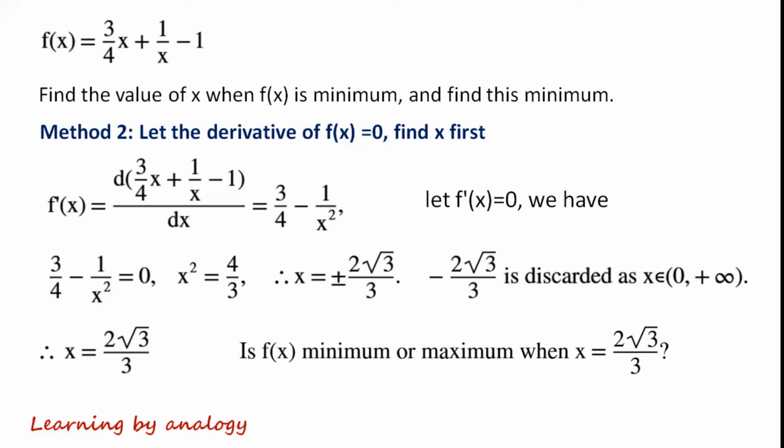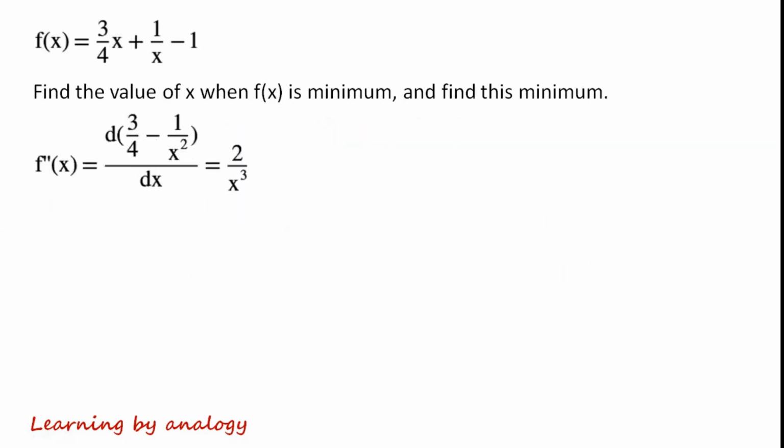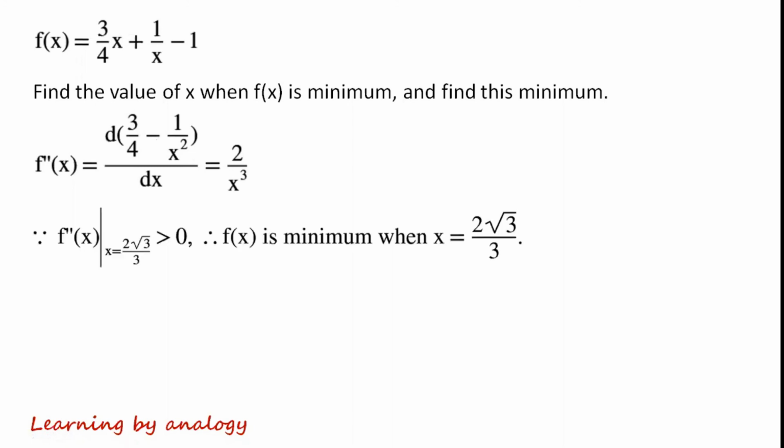Is f of x minimum or maximum when x equals 2 root 3 over 3? f double dash of x equals 2 over x cubed, because the value of f double dash of x when x equals 2 root 3 over 3 is greater than 0.